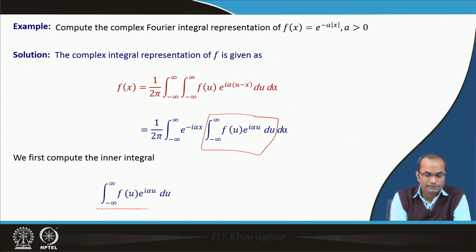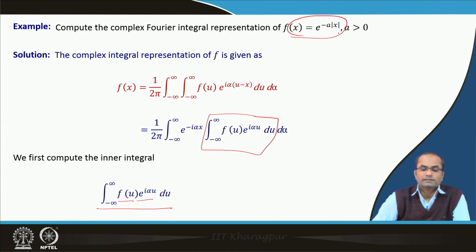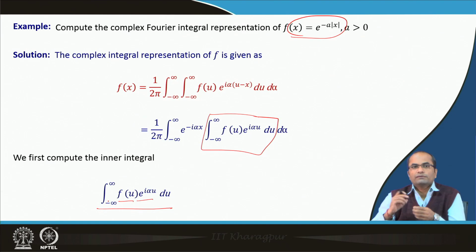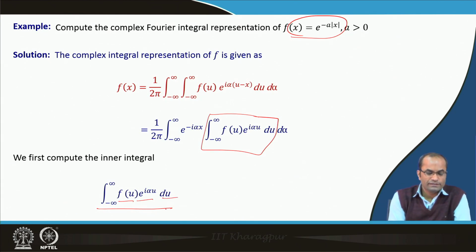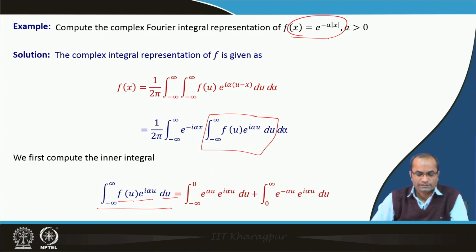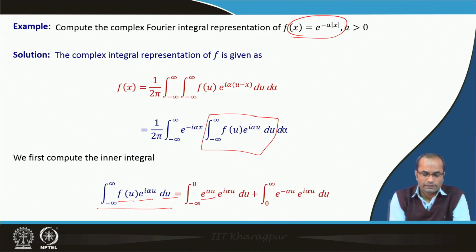So, the inner integral with this f(u) e power I alpha u du, since this f(x) is given by e power minus a absolute value of x, we can break this integral from minus infinity to plus infinity into two parts. One will go from minus infinity to 0, the other one will go from 0 to infinity. When u is in the range minus infinity to 0, we will have e power a u, and then the term e power I alpha u.